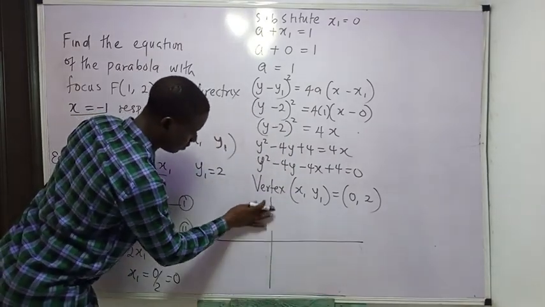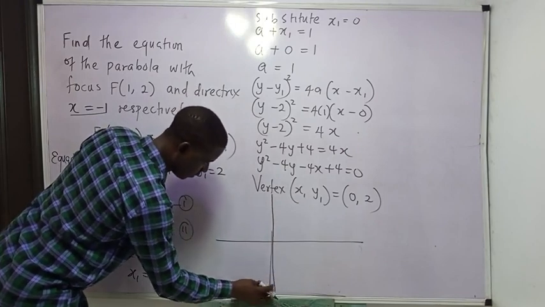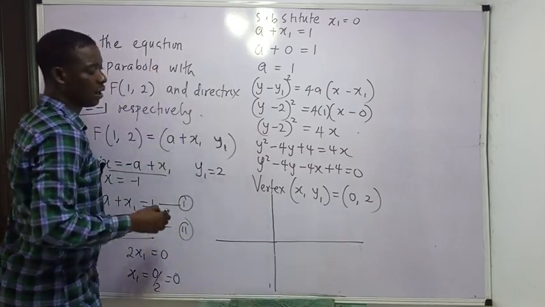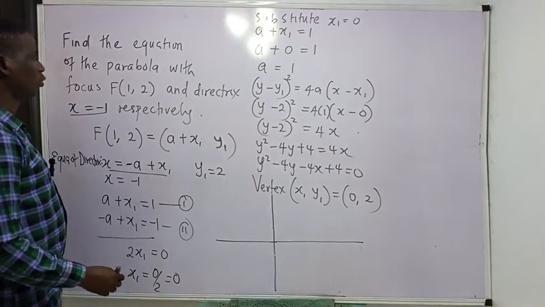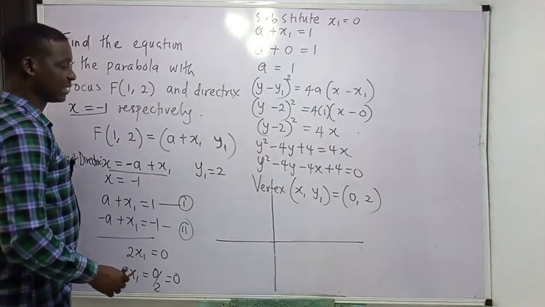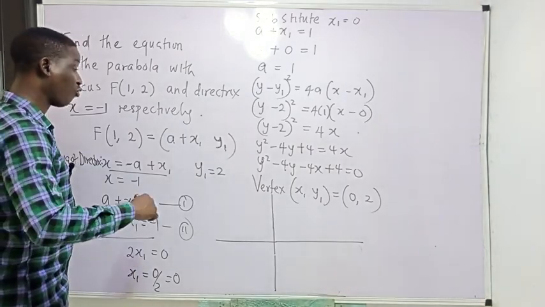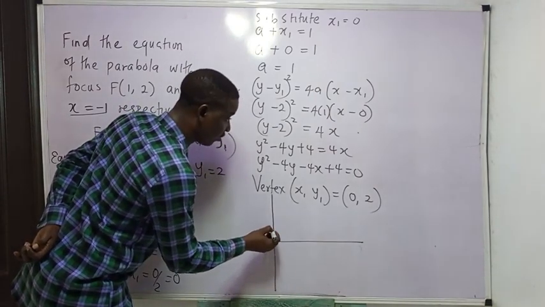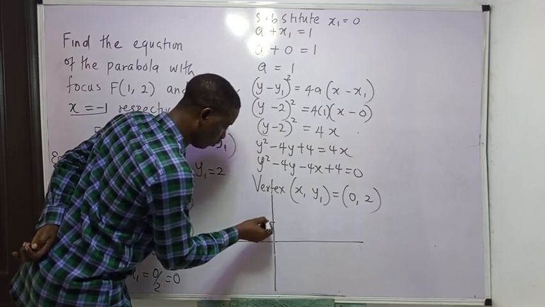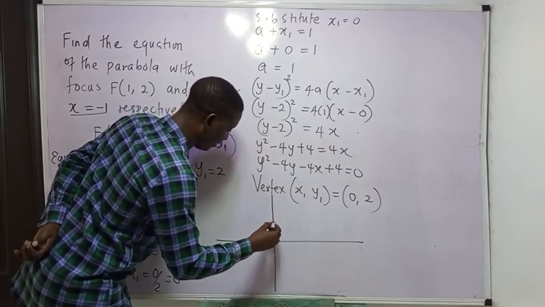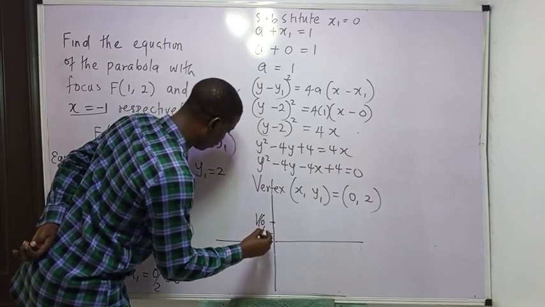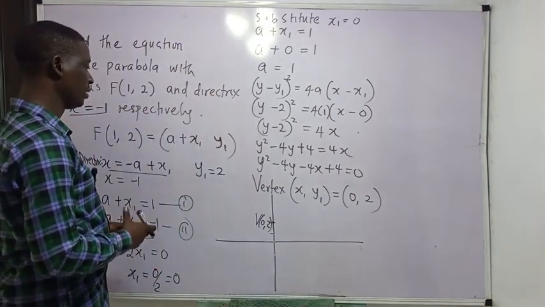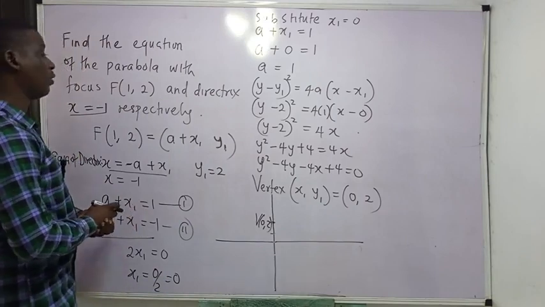Now, let's draw a rough sketch. Having drawn that, let's locate our vertex first, because that is where the curve will pass through. So our x is 0 and y is 2. This is where the vertex is, (0, 2). Now, is it going to face forward or face backward? That is a question we are going to ask ourselves.